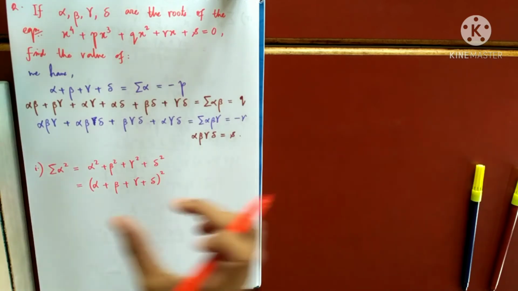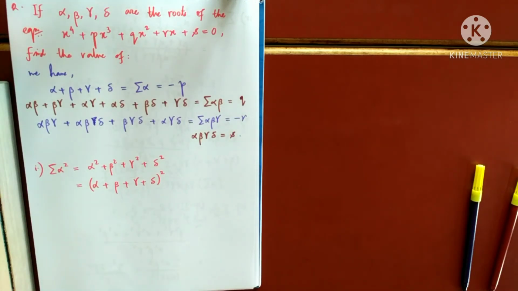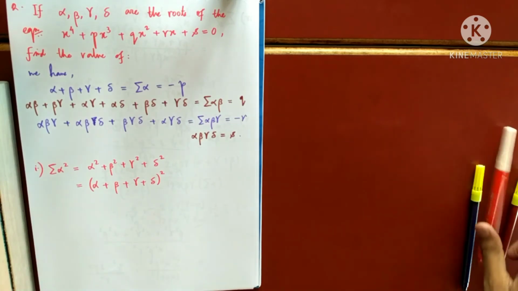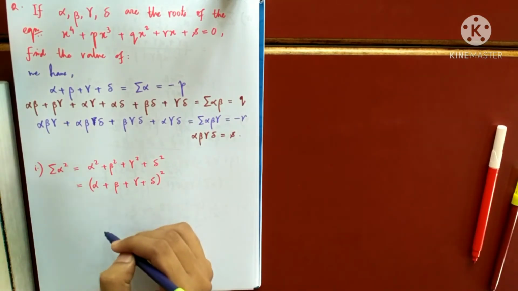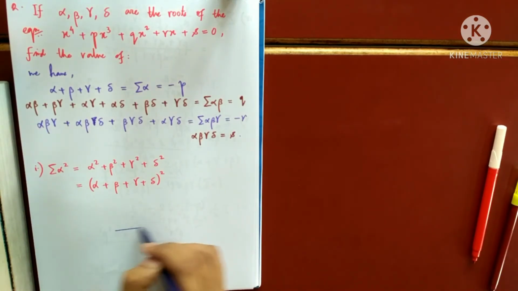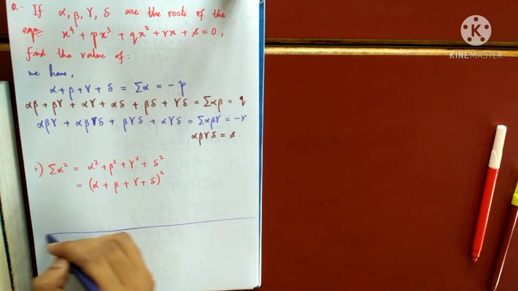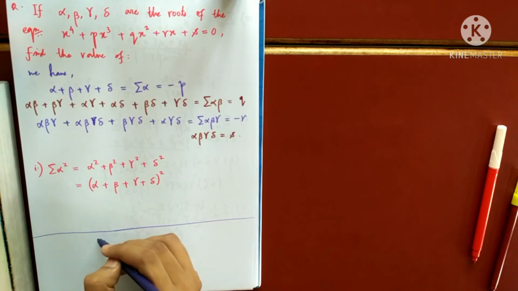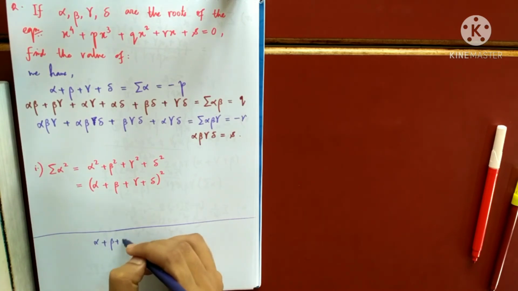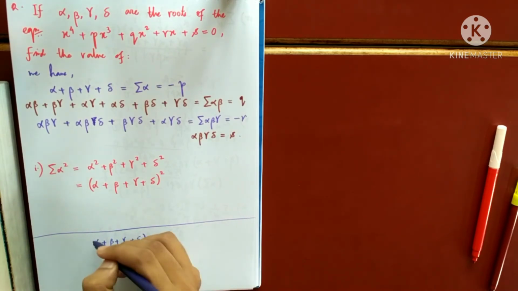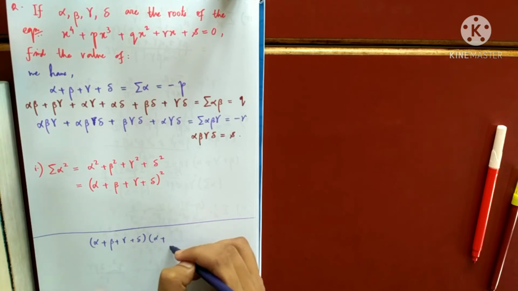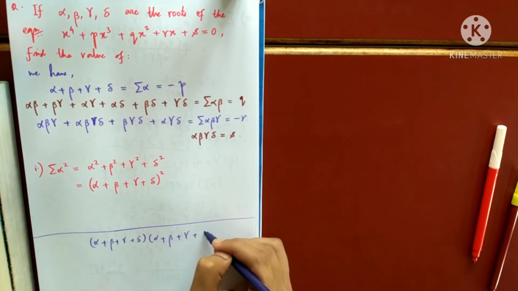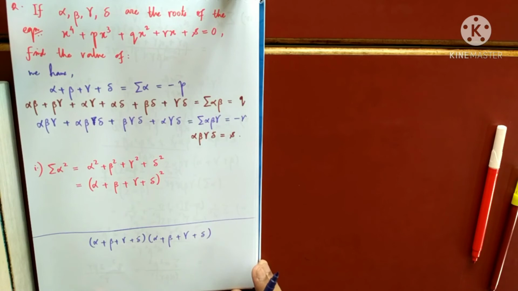Now you see here, what are the extra terms which are here? I will just explain it to you here. So this means alpha plus beta plus gamma plus delta into alpha plus beta plus gamma plus delta, right?